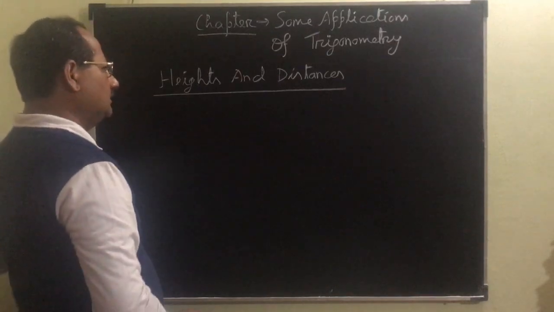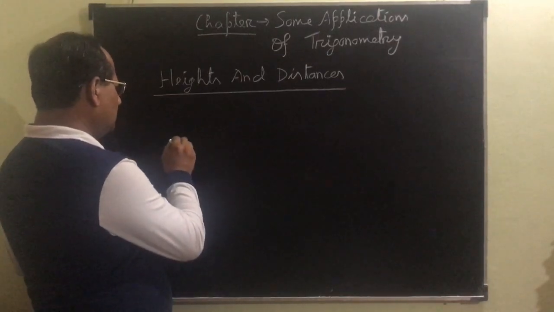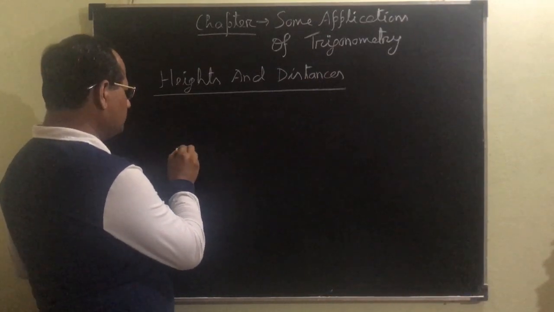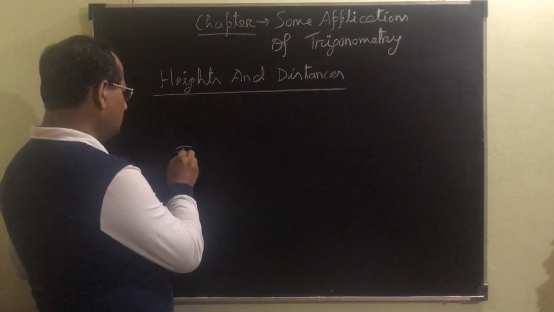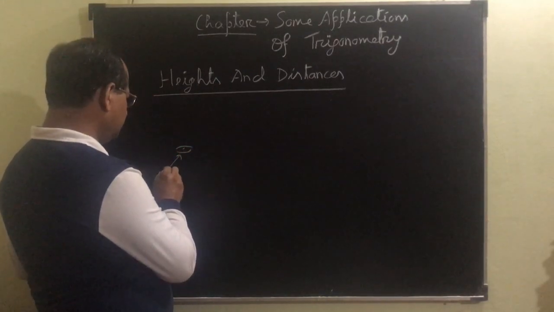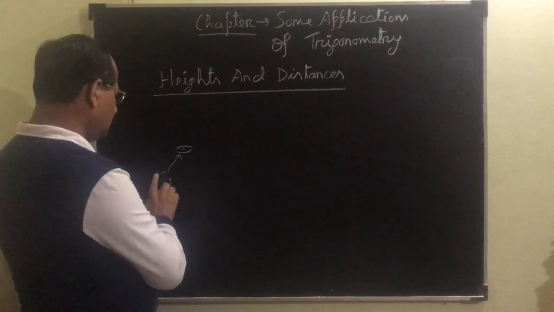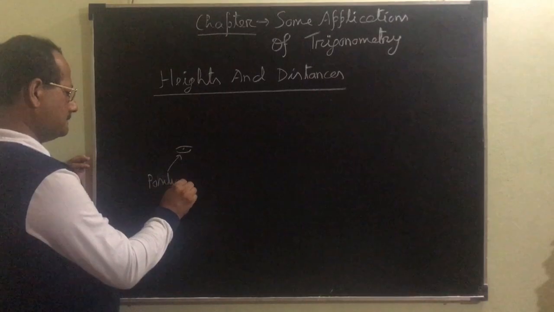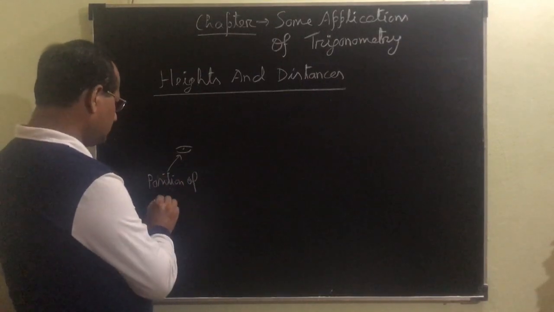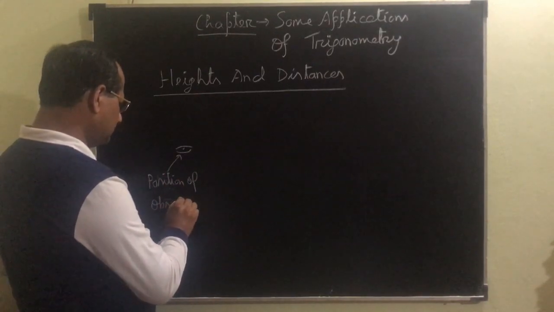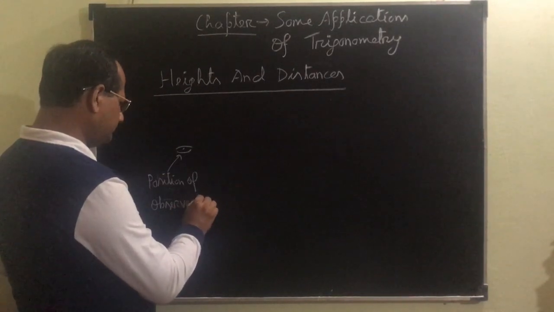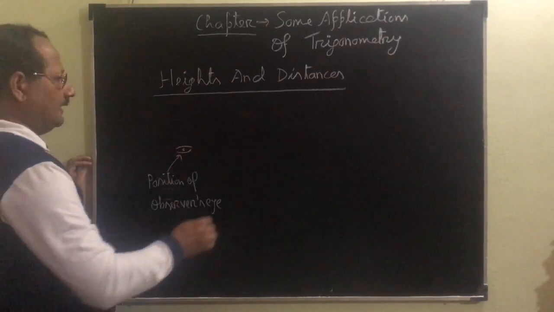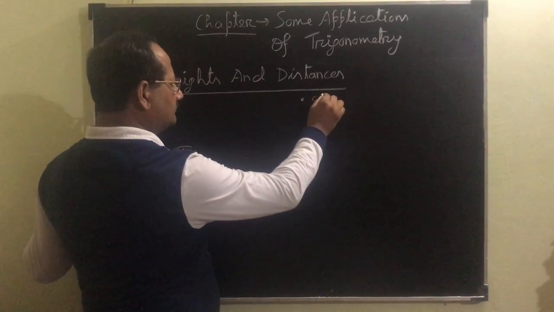Okay. Now you see. Suppose you see an object. This is your eye position, the eye position of the observer's eye, and this is the object.